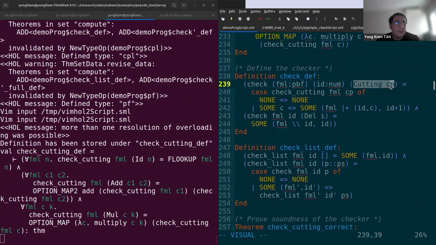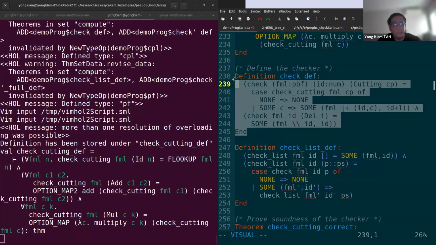If you have a cutting plane step, you check it, and if you successfully derive some constraint, you add it to your constraint database and you increment the ID counter by 1. If you are asked to delete a certain constraint, then you just delete it and keep the ID the same.